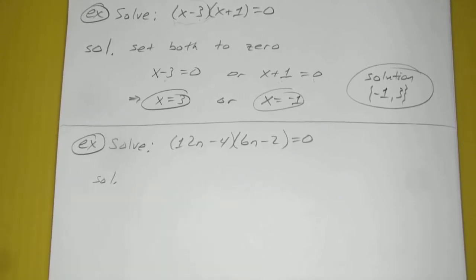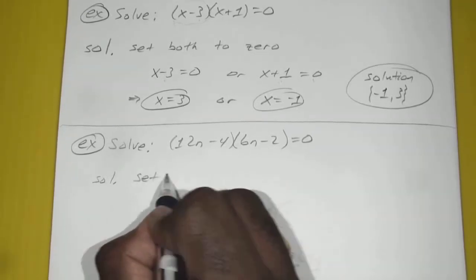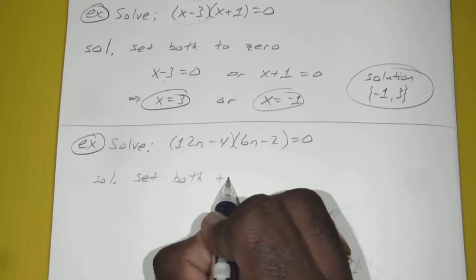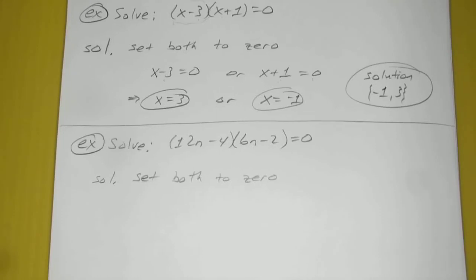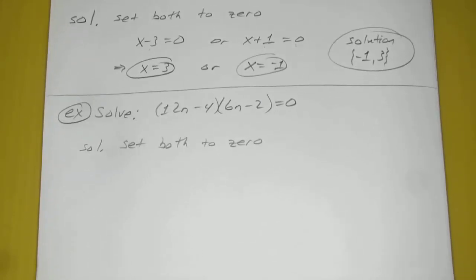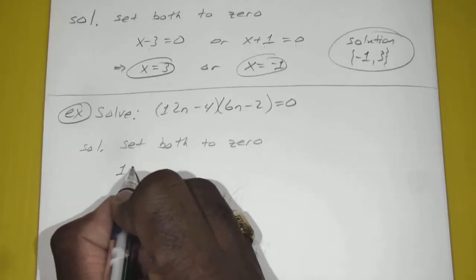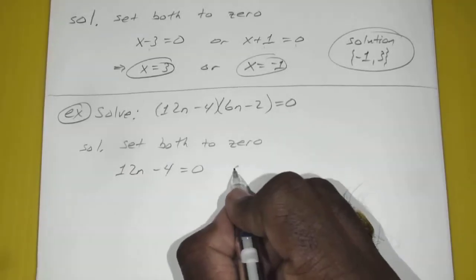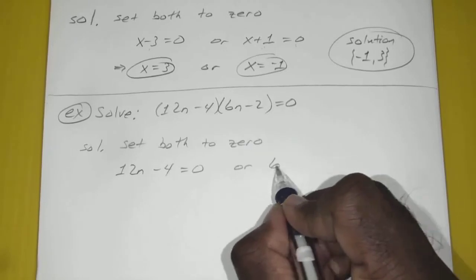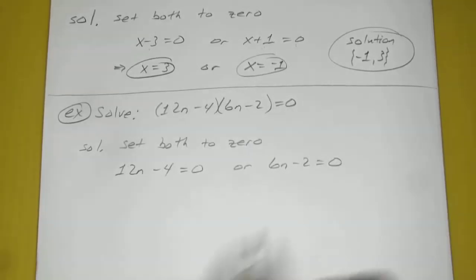Just like we did before, we just set both to 0. So that means you have 12n minus 4 equals 0, or 6n minus 2 equals 0.